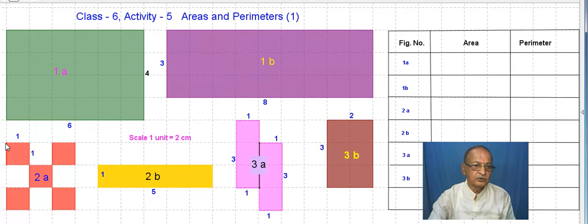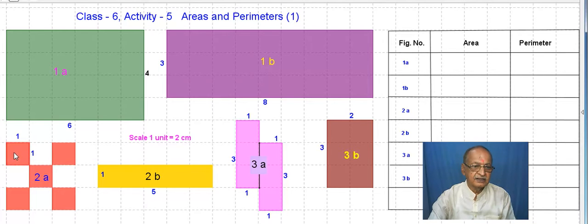Suppose we start from here and move this side, this side, this side. So 4 units. From here again we move 4 units. Then here 4 units, here 4 units, and here also 4 units, because they are not overlapping anywhere.